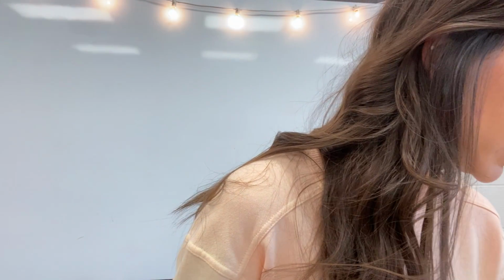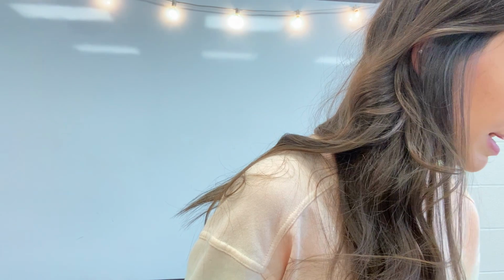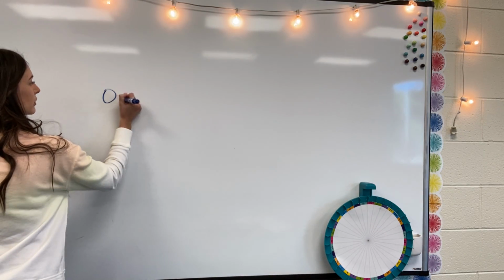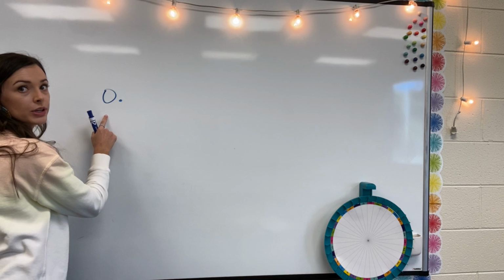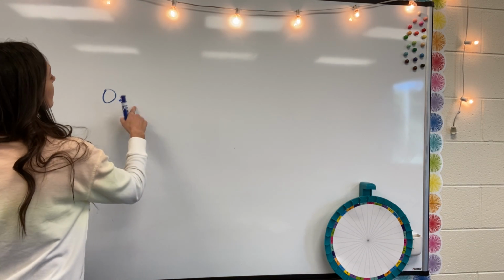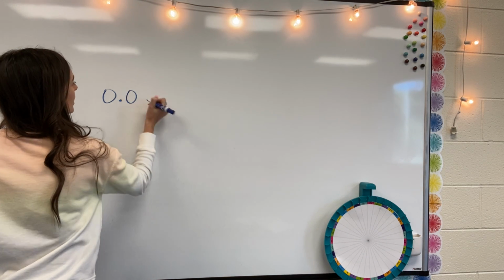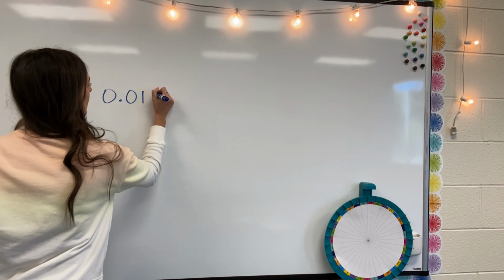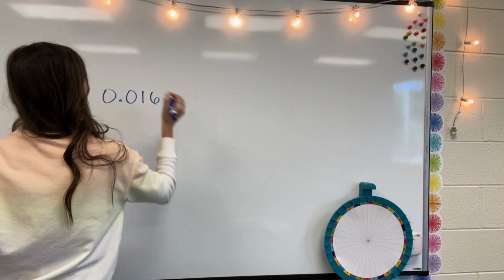So let's start off with a multiplication question that asks us, we will do 16 thousandths. So remember our place value. We've got our ones right before the decimal. Our tenths come right after the decimal. Our hundredths place right next to our tenths, and then our thousandths place.